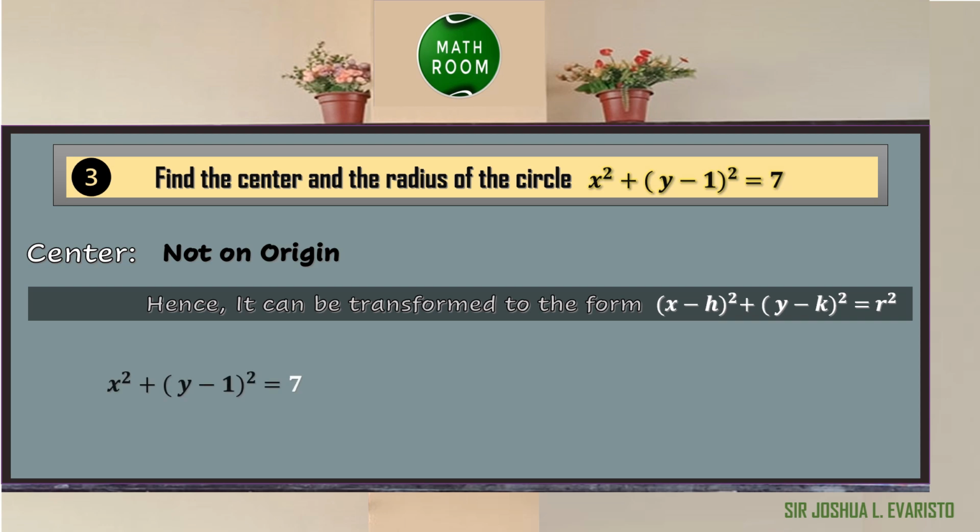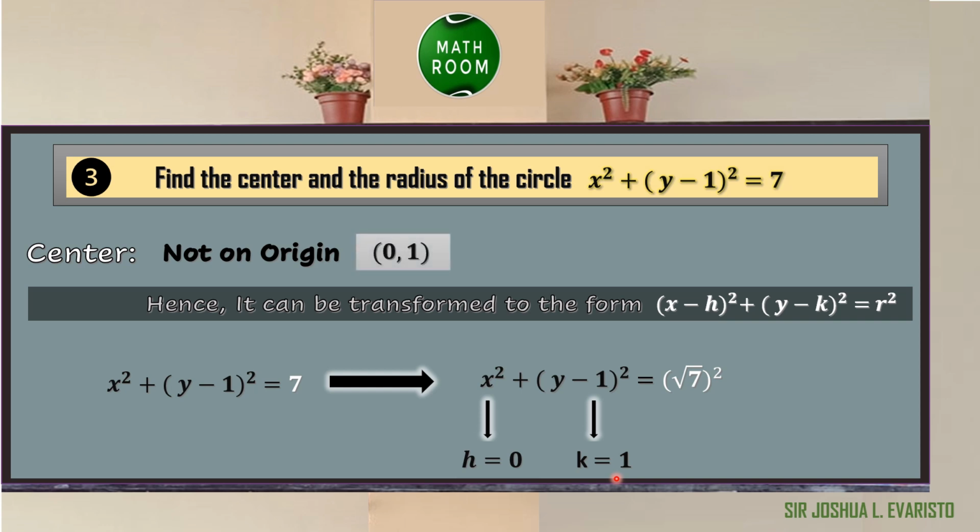So our equation can be written in the form x squared plus (y minus 1) squared is equal to the square root of 7 squared, since 7 is not a perfect square. We can easily identify our h, which is 0, then our k, which is positive 1. So the center is at point 0, 1. Also, the radius is equal to the square root of 7.